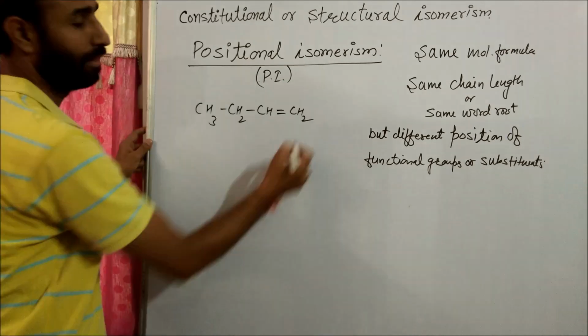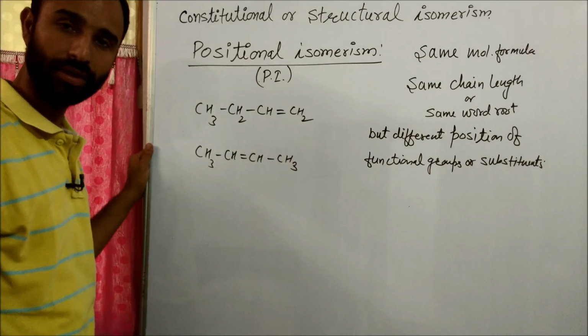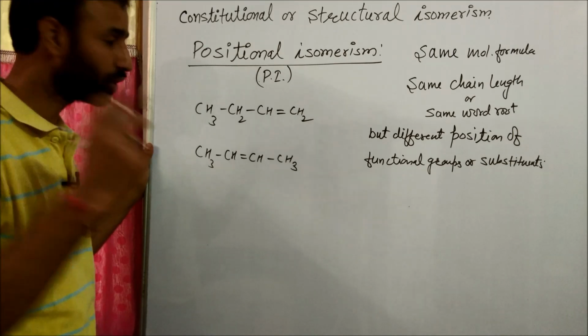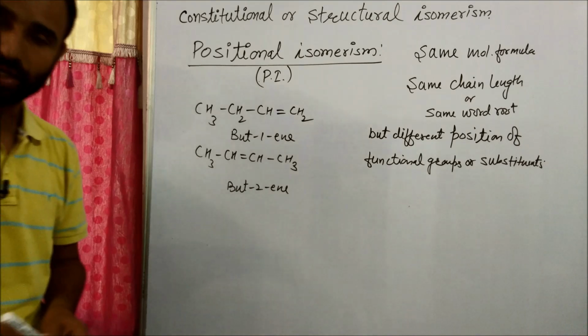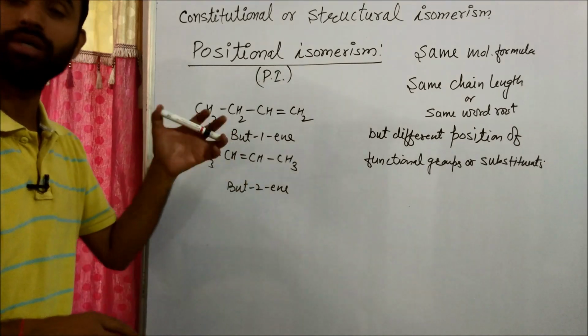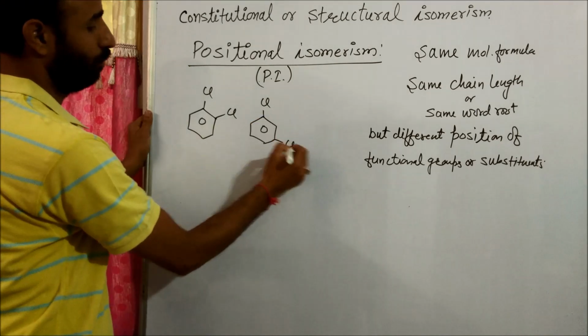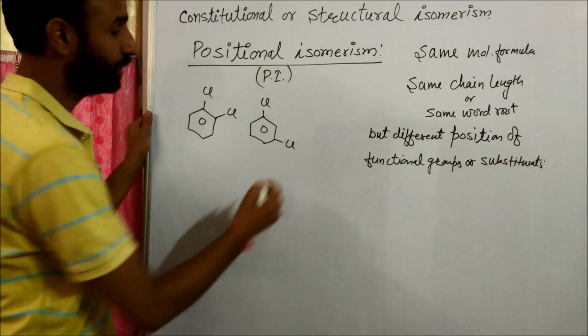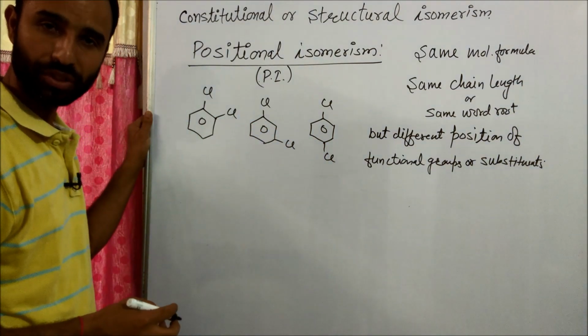One more example, but-1-ene, but-2-ene. Again, change in number or position of double bond. So they are again position isomers. 1,2-dichlorobenzene, 1,3-dichlorobenzene, 1,4-dichlorobenzene.